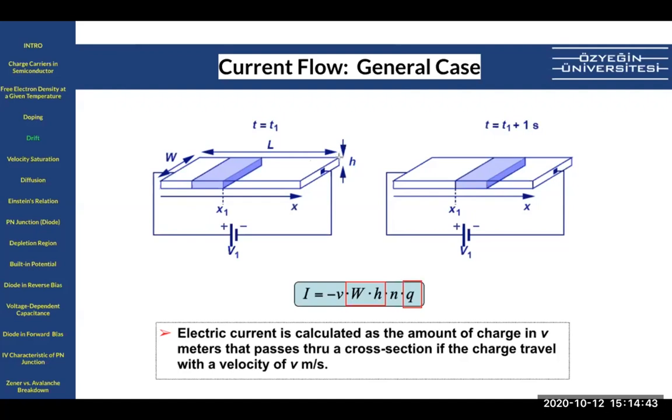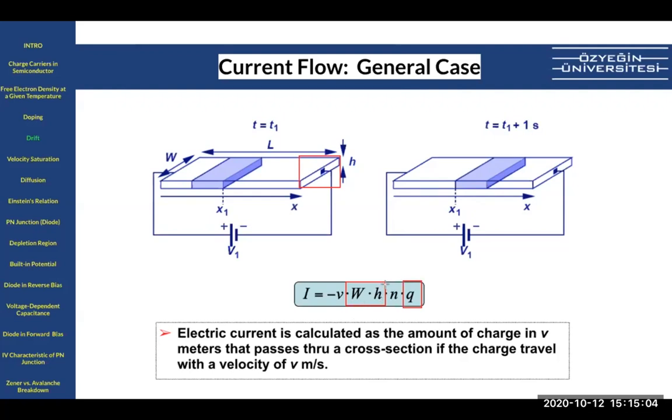That cross section is the area per unit x. When we multiply the charge with that cross section, we find the total charge in that cross section.